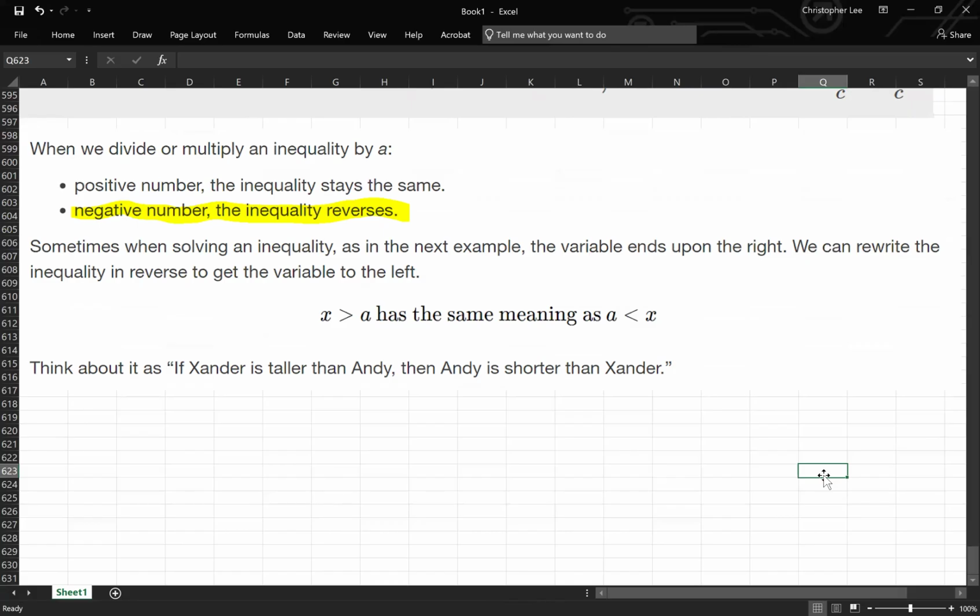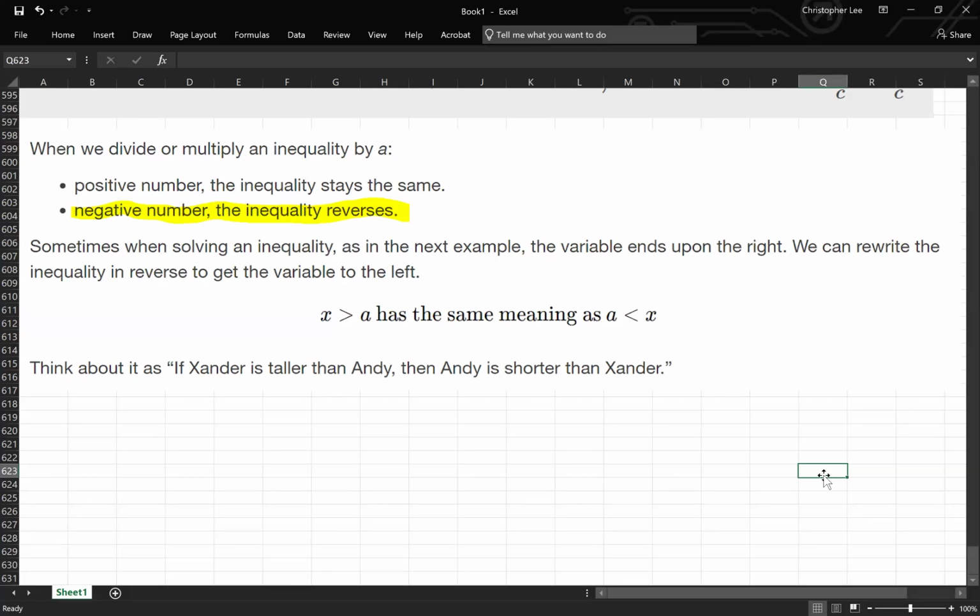Sometimes when solving an inequality, as in the next example, the variable ends up on the right. We can rewrite the inequality in reverse to get that variable to the left.